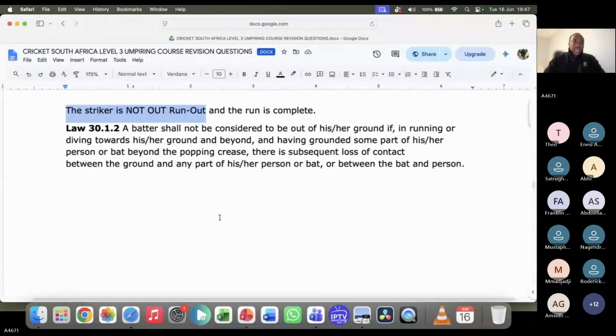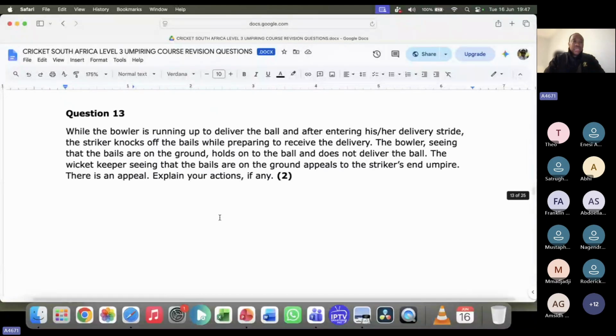Good. Next question, question number 13. While the bowler is running up to deliver the ball and after entering his or her delivery stride, the striker knocks off the bails while preparing to receive the delivery. The bowler, seeing that the bails are on the ground, holds onto the ball and does not deliver the ball.